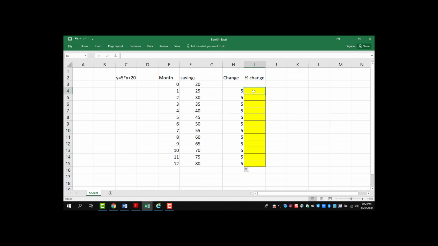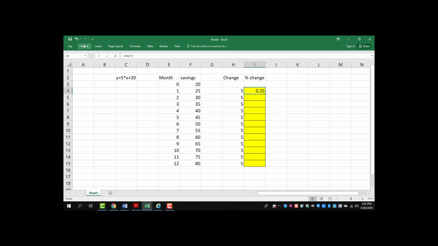Well, the percent change is going to equal the total change, or this, you should use an equal sign. It's going to equal this minus this, which is the total change divided by the original, times 100 for a percentage. And well, let's skip the times 100 and make it a percentage up in Excel, right?